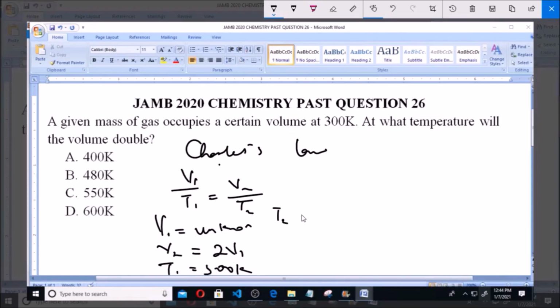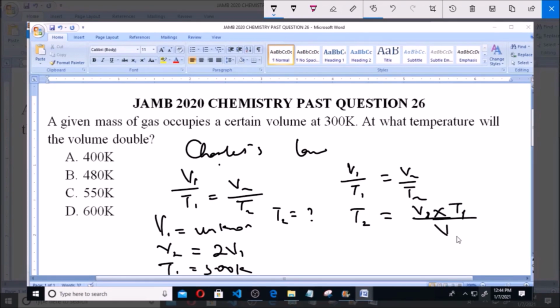Now from V1 over T1 is equals to V2 all over T2, we're going to have that T2 is equal to V2 multiplied by T1 all over V1.